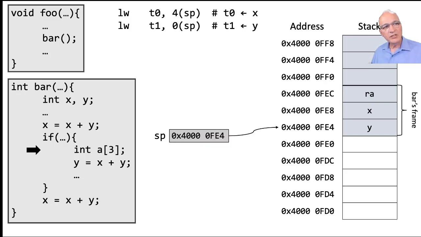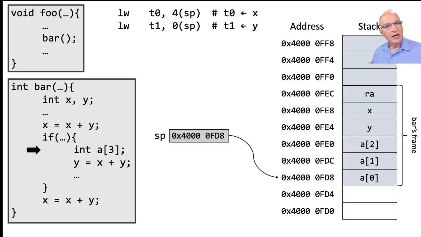Then I reach the line in the program where I'm allocating an array of 3 elements inside that conditional. When I do that, I need to increase the size of the stack by 3, so the value of my stack pointer changes. And after that, I need to execute this statement.